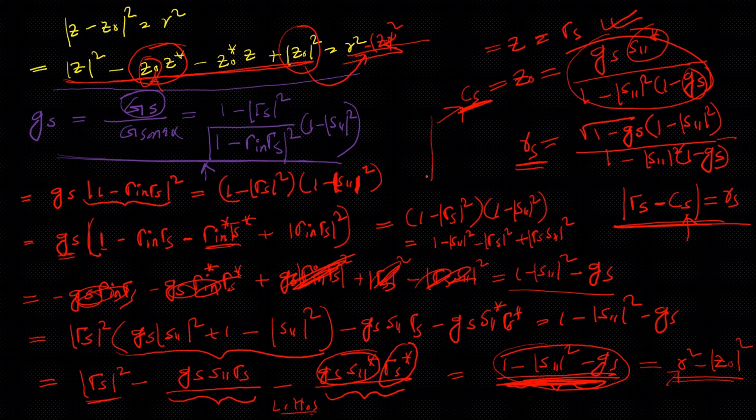So in my Smith chart I can draw a circle, and each point of my circle will give me a unique value of gamma s, but all of these values of gamma s will give me constant GS, constant gain.